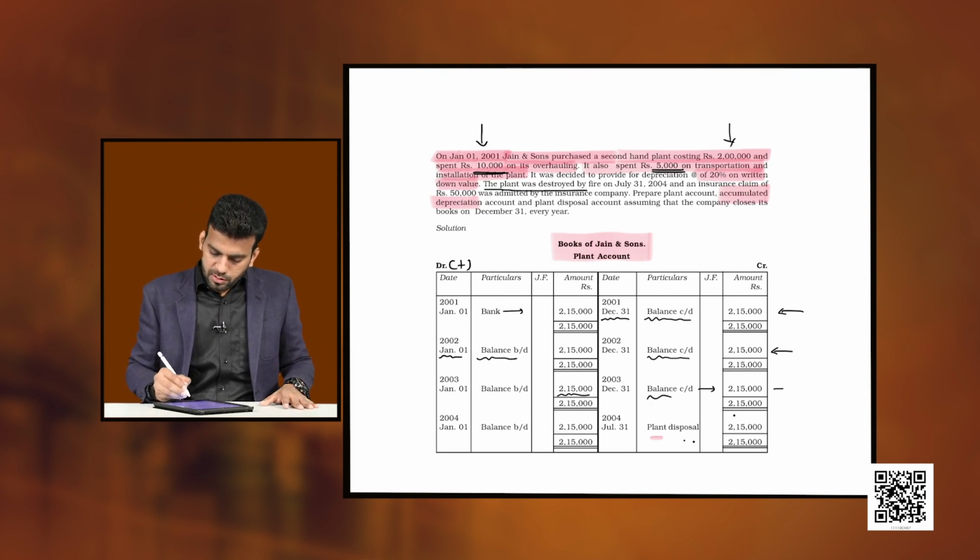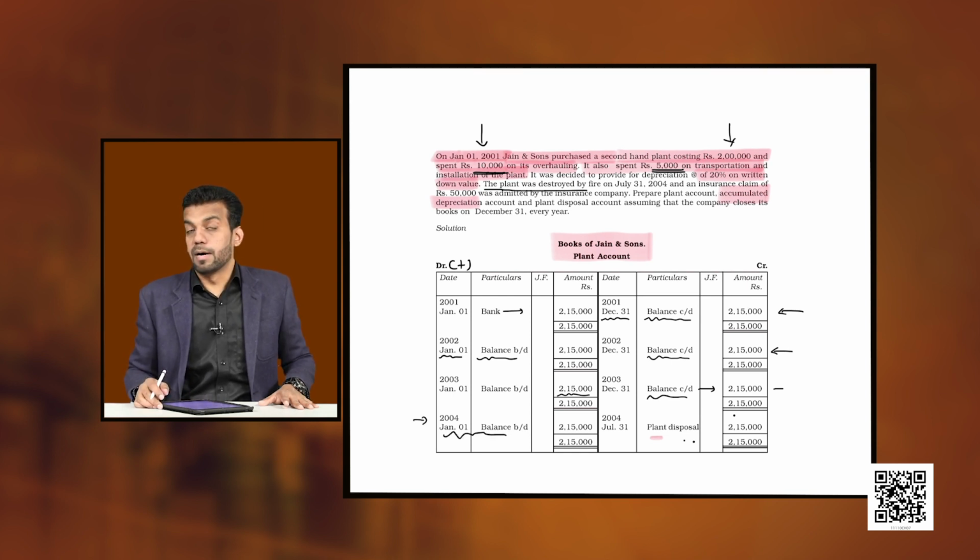Now the CD of plant would be the BD of plant for January 2004. But the question says on 31st July 2004, this machine met with an accident and the insurance company paid 50,000 to us for the same. On 31st July, that means January, February, March, April, May, June and July.